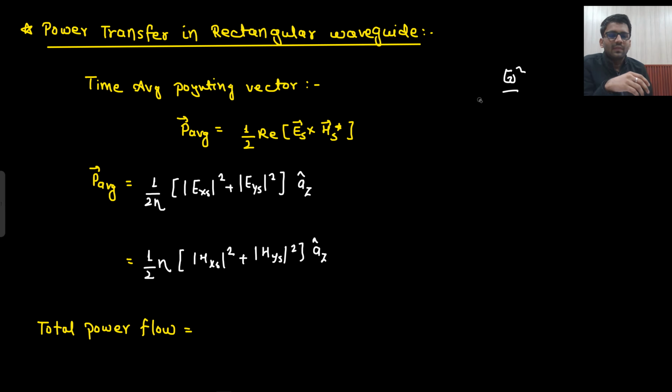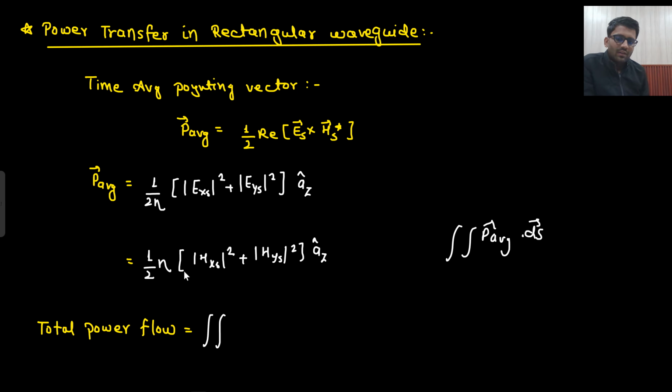Okay. And if someone asks you total power flow, what we used to do is P average dot ds and then integration. Same thing we are going to do here. P average is 1 by 2 eta. I am writing this formula; you can write down the other formula as well, but majorly we write down the formula in electric field.